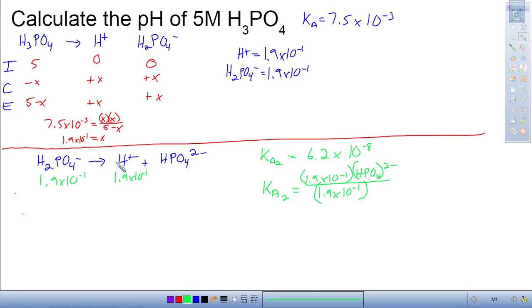Since these are one-to-one coefficients, that's going to cancel out. And my HPO4 is going to be equal to Ka sub 2. And I probably should have written that there in the beginning. And again, this comes from up here.